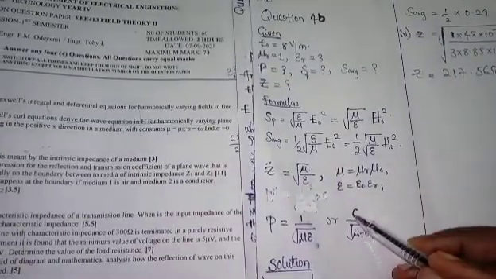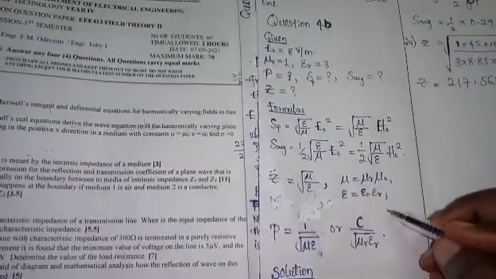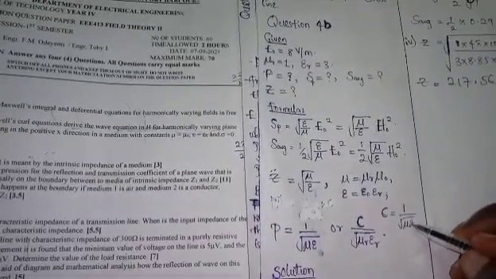Then your phase velocity is 1 over the square root of the permeability times permittivity, or it is the reduction in the speed of light. The speed of light, c, is 1 over the square root of mu naught, the permeability of free space, and epsilon naught, the permittivity of free space.